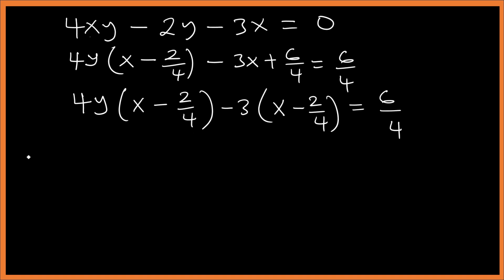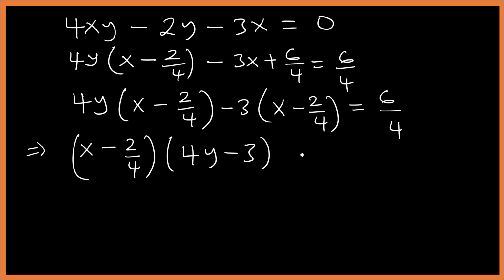All right, now let's write what is inside the bracket first. So we have x minus 2 on 4, then we have 4y minus 3 equals 6 on 4.